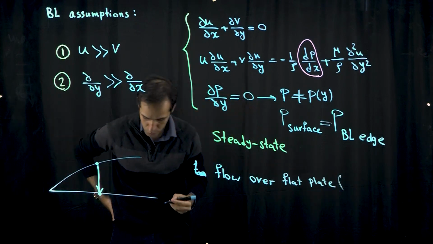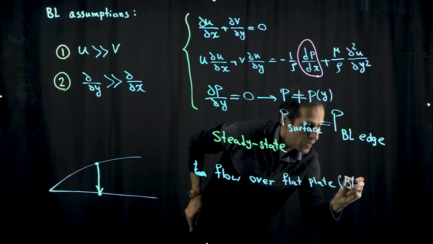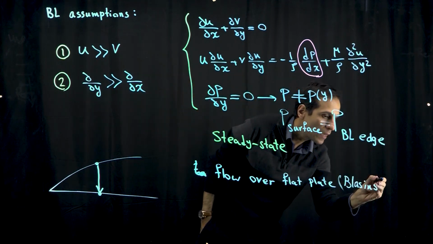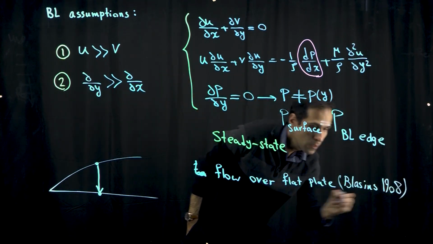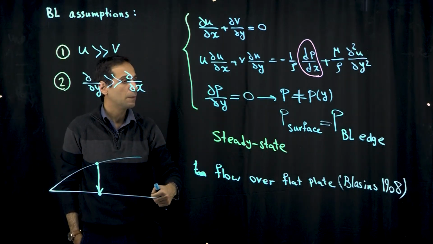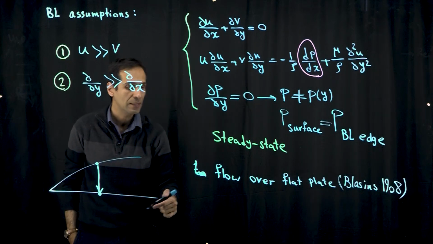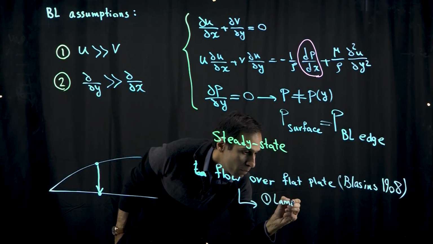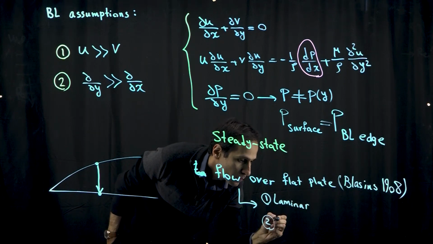It is called Blasius flow, named after Blasius, the German scientist, in 1908. So we will solve this Blasius problem, flow over a flat plate, for two different cases, both laminar and turbulent.